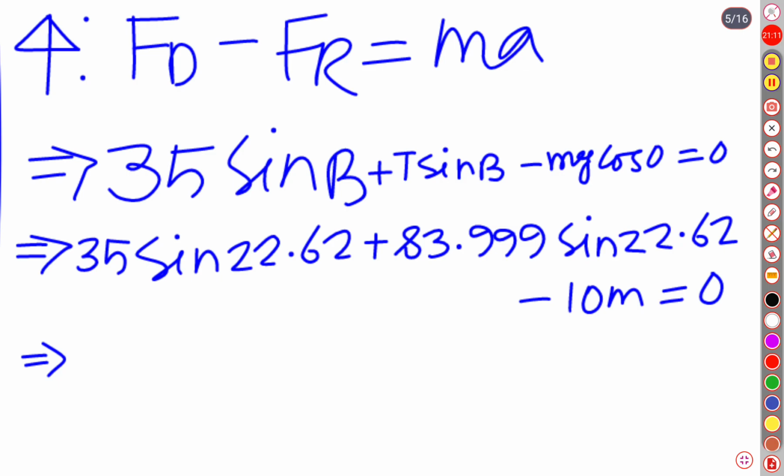35 sine 22.62 over this one. If we isolate our m, let us write 10m on the right side, positive.